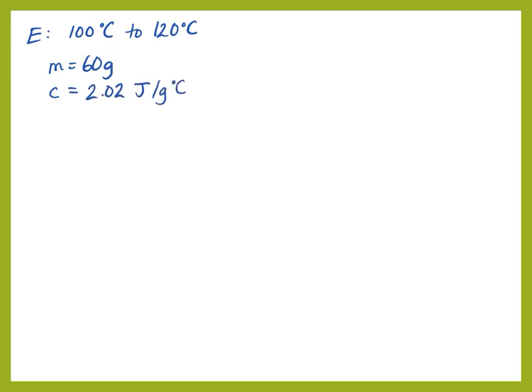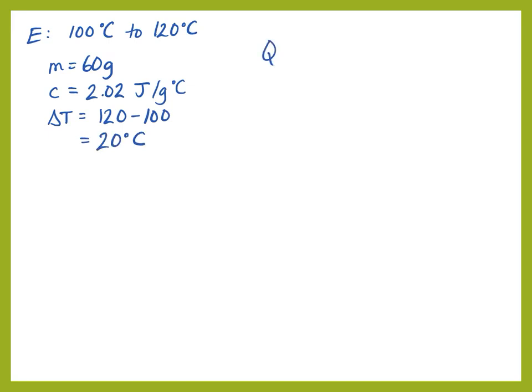And then the last section was going as a gas from 100 degrees Celsius to 120 degrees Celsius. So the 60 grams of gaseous water, the specific heat capacity for gaseous water is 2.02 joules per gram per degree Celsius, and our change in temperature is 20 degrees Celsius.